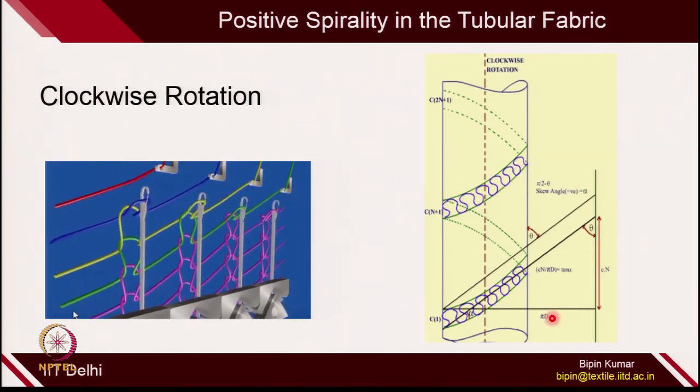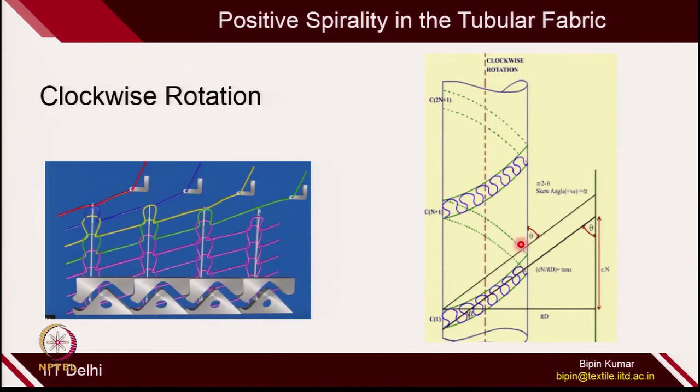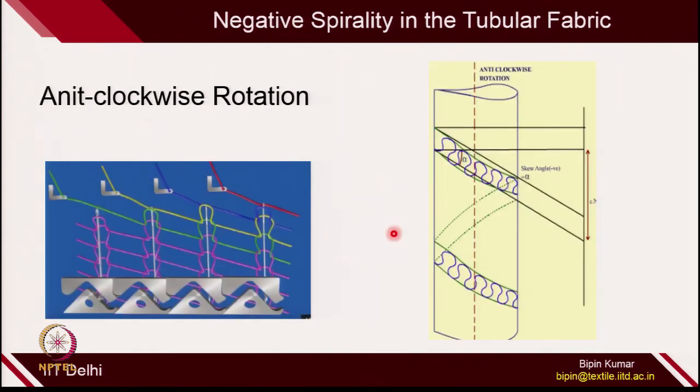When the cylinder is moving in anti-clockwise rotation, the courses will make a negative angle. So, this is the negative angle. So, anti-clockwise rotation will provide negative spirality and clockwise rotation will provide positive spirality. So, this is how the rotation of the cylinder is also very important, and the number of feeder points.